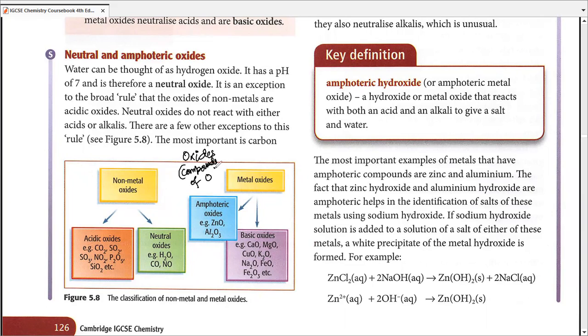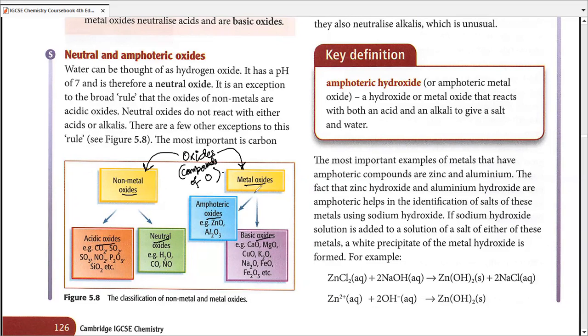Binary compounds of oxygen, to be exact, are divided into two categories, metal oxides and non-metal oxides. I think it's pretty simple. The name itself suggests that metal oxides are reactions of metals with oxygen, and non-metal oxides are the reactions of non-metals with oxygen. Metal oxides are further of two types, basic oxides and amphoteric oxides. Non-metal oxides are further of two types, neutral oxides and acidic oxides.